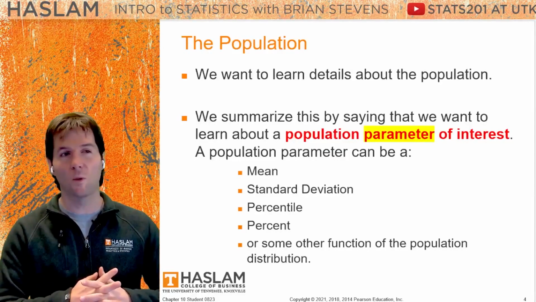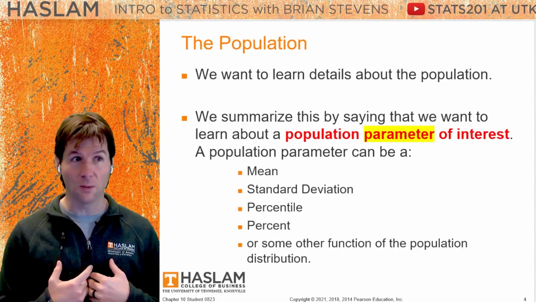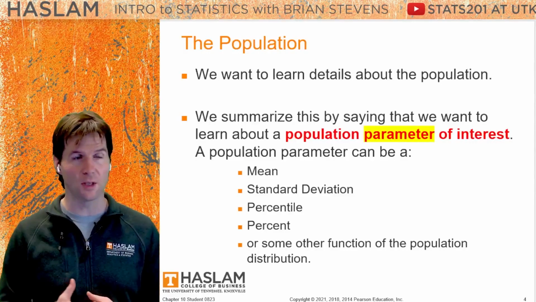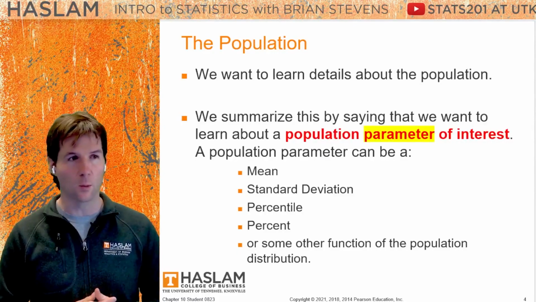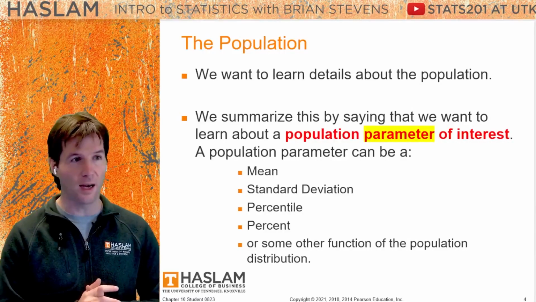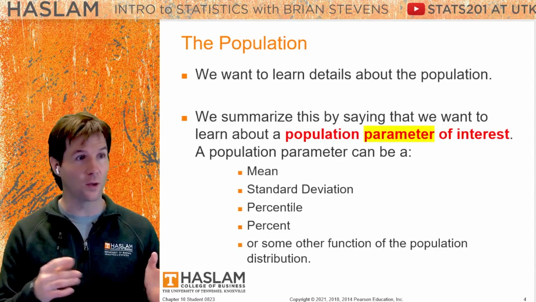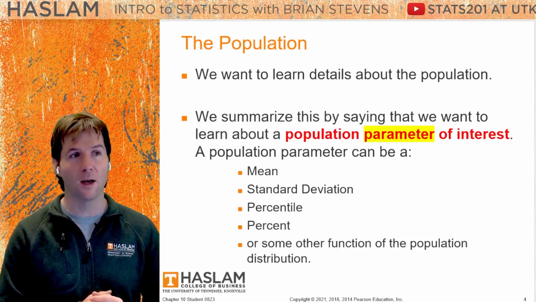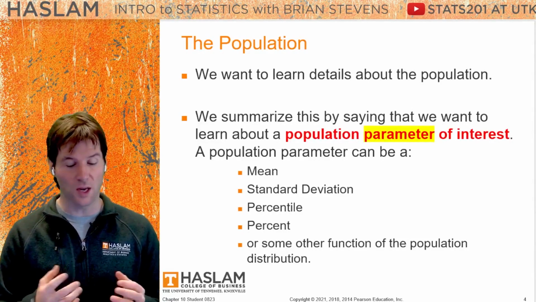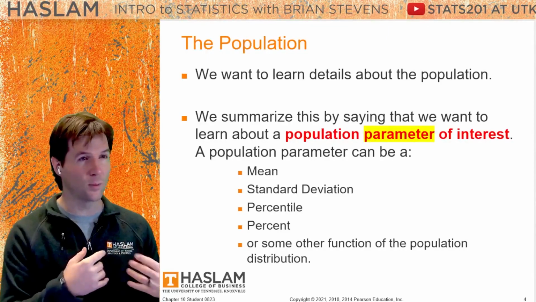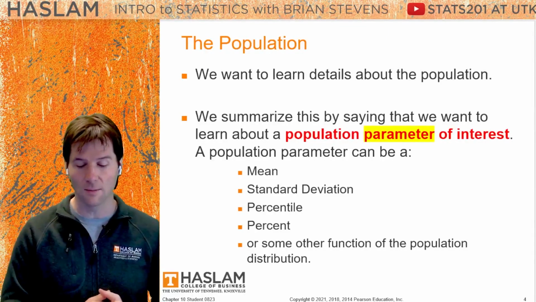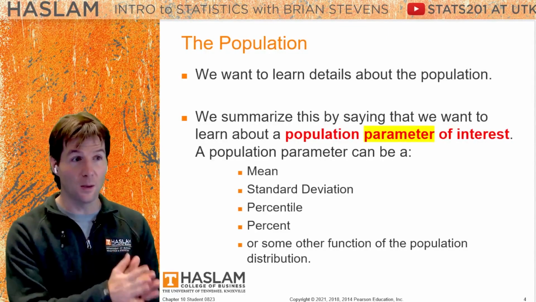And it's just some quantity, and it's the quantity we want to understand for the population, as in all individuals. Like, what is the mean GPA of students who own an iPad? What is the true variation of their grades for students who own an iPad? What is the percent someone might get in an election? What percent of votes will they get on election day? Lots of other things could be the thing we want to understand.